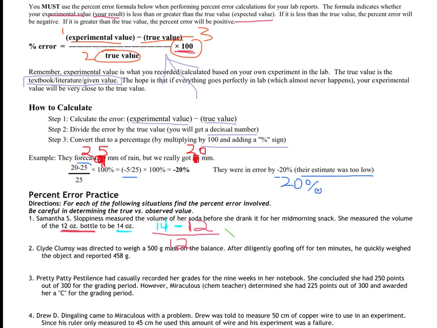So let's multiply by 100, and my answer will have a percent sign. So when I put this into my calculator, 14 minus 12 divided by 12 times 100, I get 16.6%. Notice this is a positive number, which means I am above the actual or the true value by 16.6%. My error is more than my actual value by 16.6%.